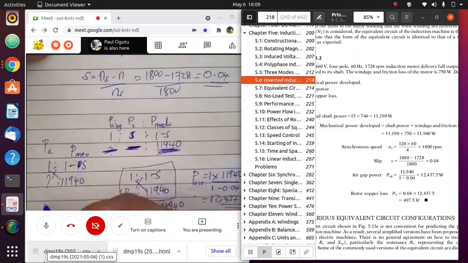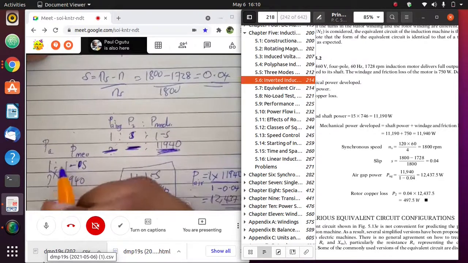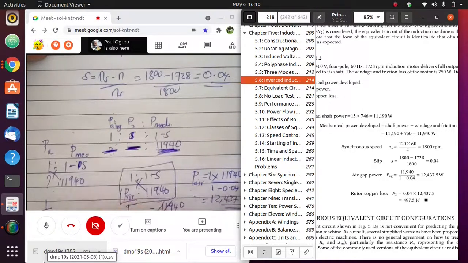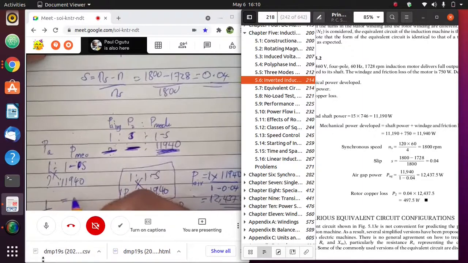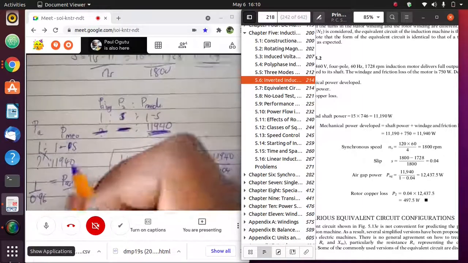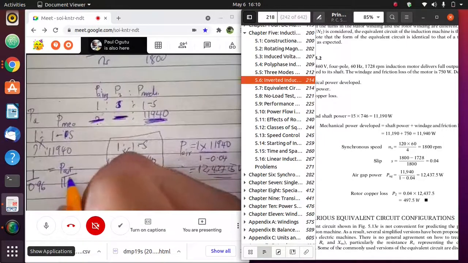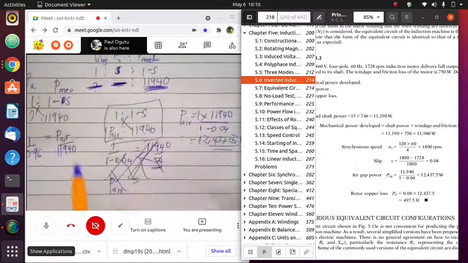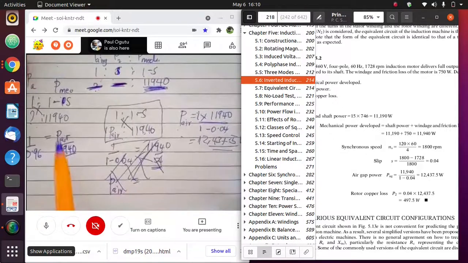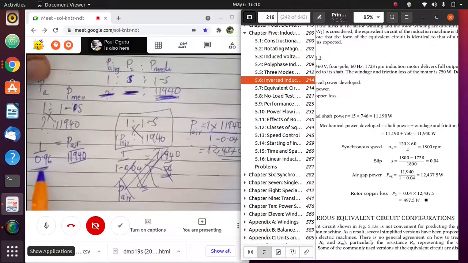So if I divide 1 by 0.96, it should give me the same as dividing the air gap power by the mechanical power.